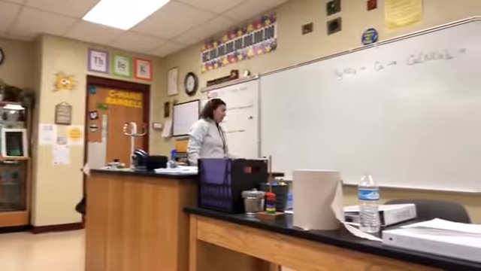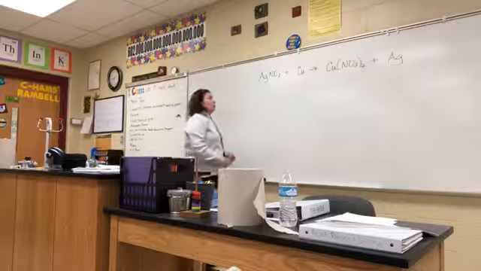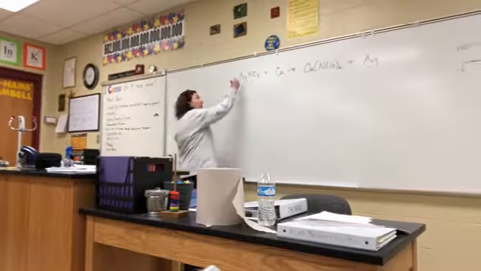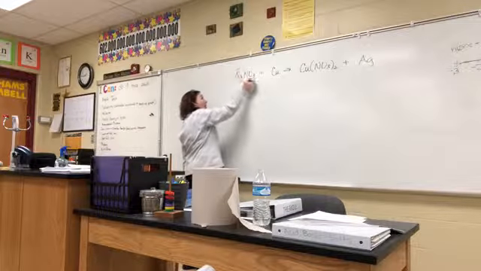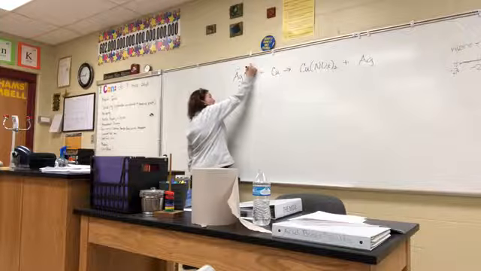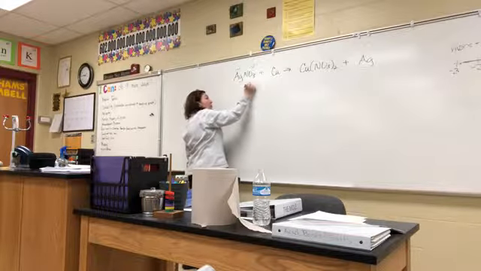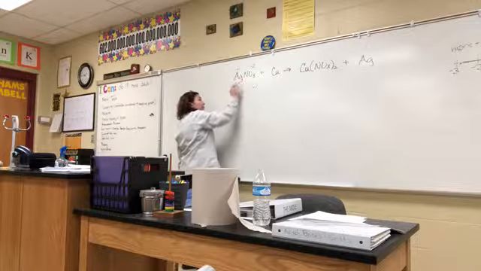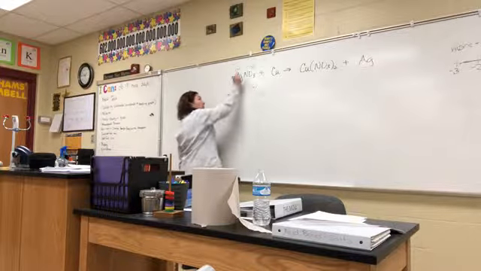So, silver nitrate. What is silver's charge? Plus 1. What is oxygen's charge? Minus 2. So I got negative 2 times 3 gives me negative 6 and a plus 1. So what's nitrogen have to be? Plus 5.